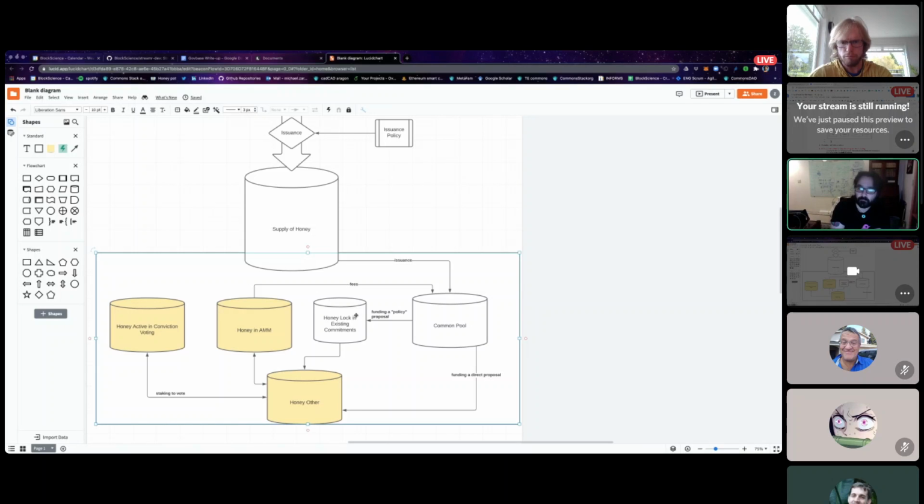Yes, it does. I guess the size of the common pool growing balances out with funds leaving, like inflows and outflows need to balance, because otherwise conviction voting gets easier or harder, depending on whether you have a surplus. Exactly.